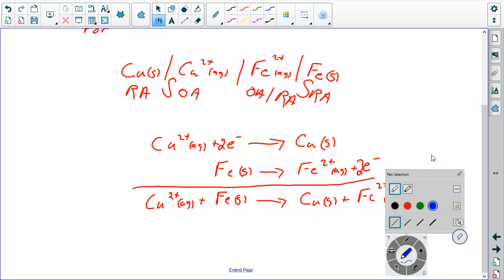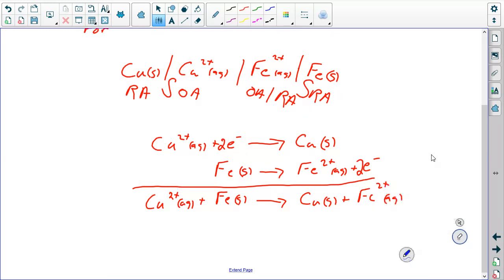which one of these half reactions happens at the cathode? What happens at the cathode?